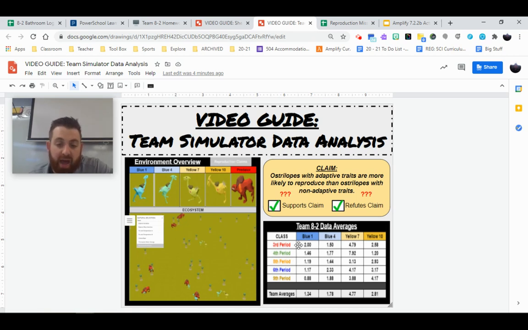In third period, we have our blues reproducing 2 or less times, with our yellows almost near 5, so over 4.5, and our yellow 10 at 2.58. Blues 1.476, 46 and 177, with our yellows at 7 and our other yellow at 1.